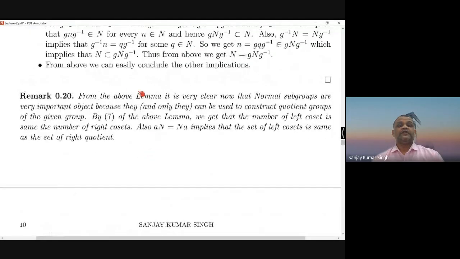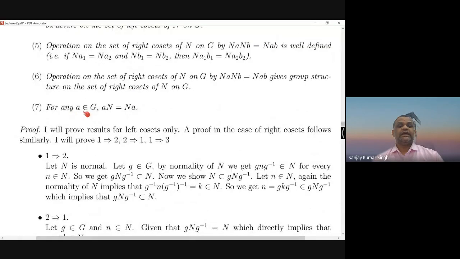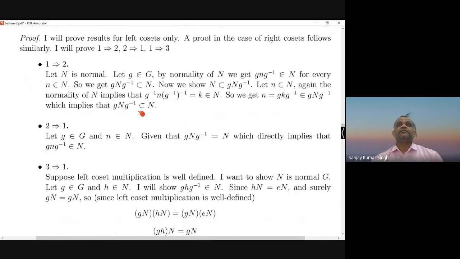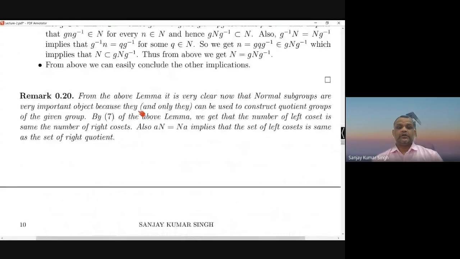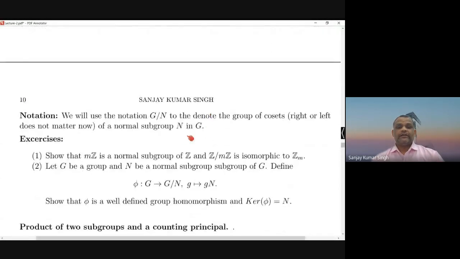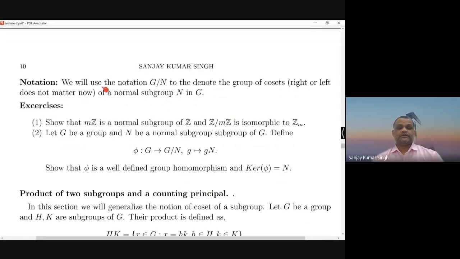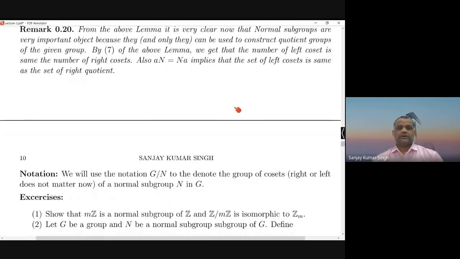So now from this lemma, one more observation. In this lemma, there is a seventh part which says that if you take any a in G, then the left coset of N by a is the same as the right coset of N by a. So in the case of a normal subgroup, the left cosets and right cosets are the same.